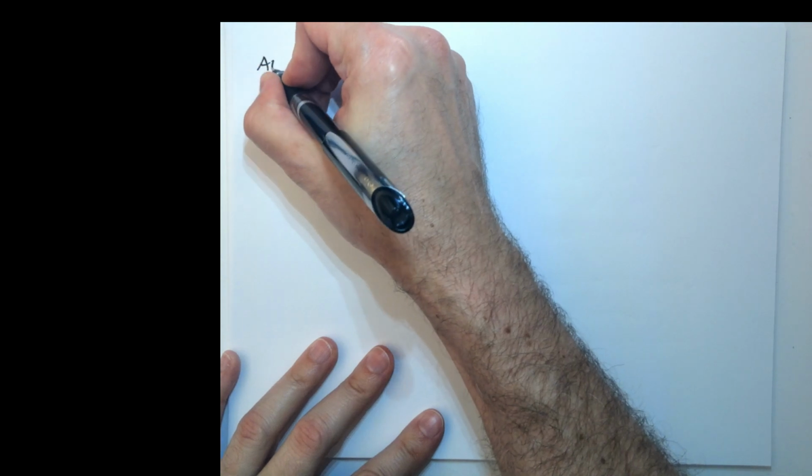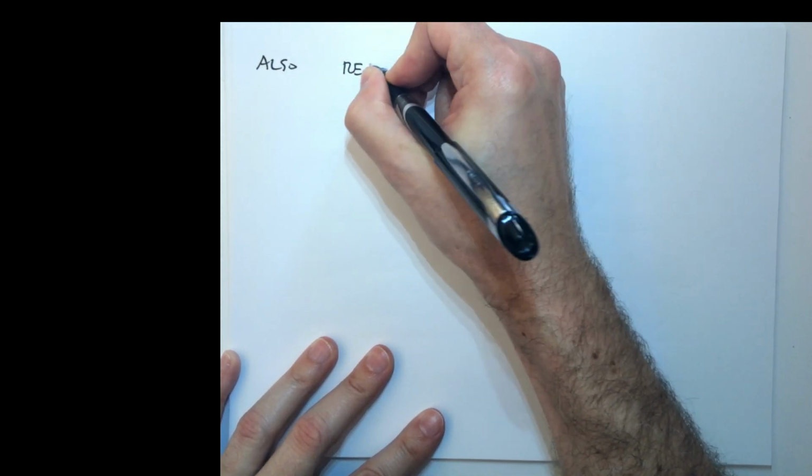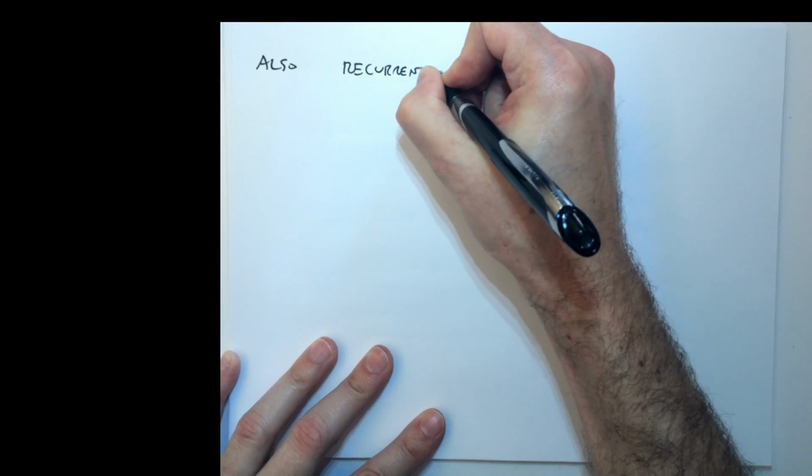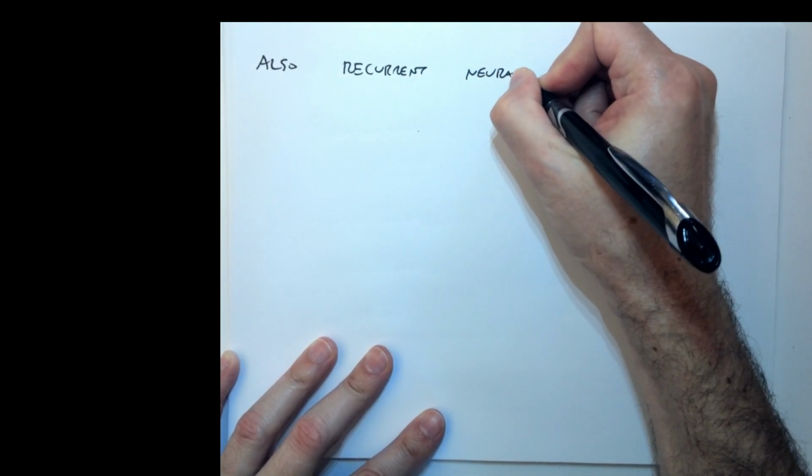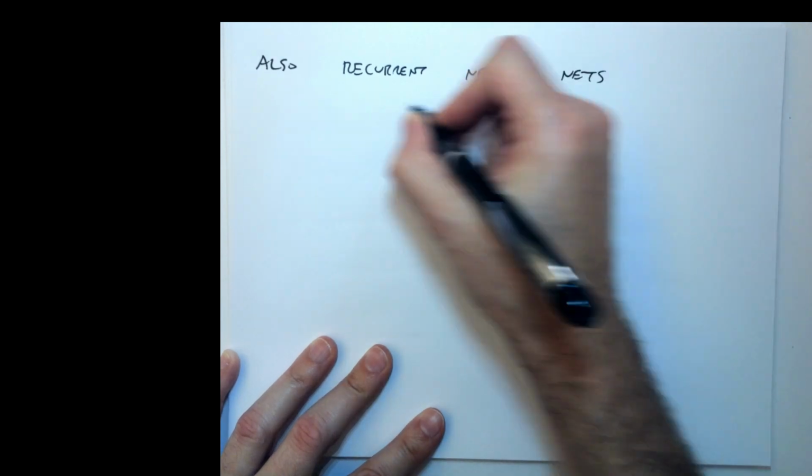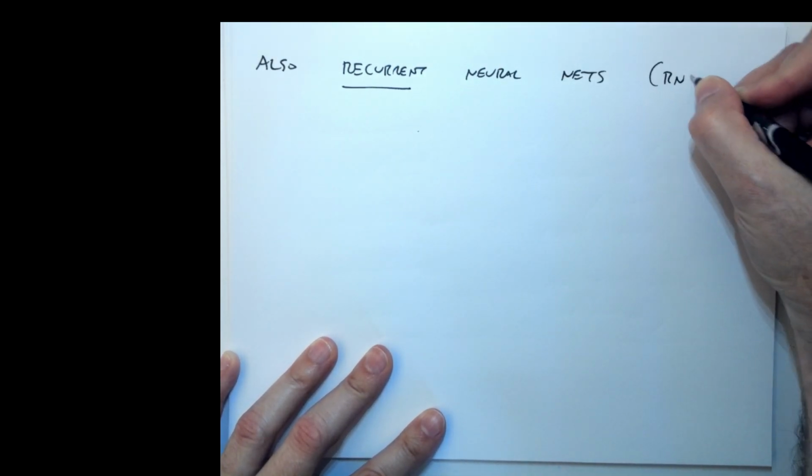And then the final thing that I want to talk about, and I'm not going to talk about this too much, is something called recurrent neural nets, or RNNs.